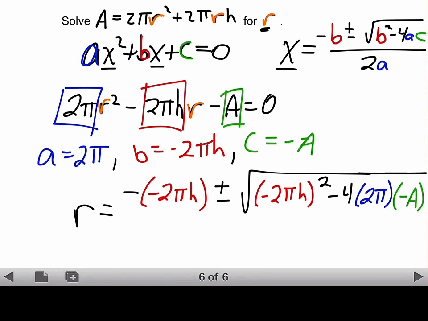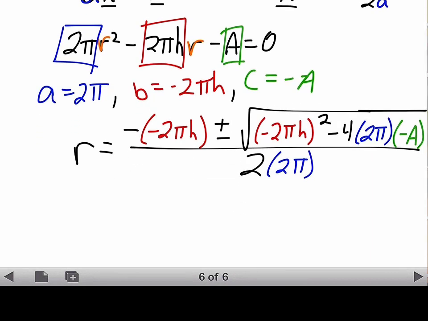We extend that radical all over 2a, which is 2 pi. Now I took the time to actually write all that out so that it wouldn't be really cumbersome to look at. And, well, we'll do what we can.